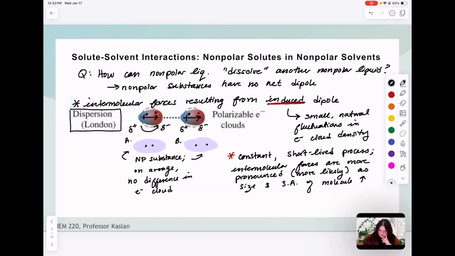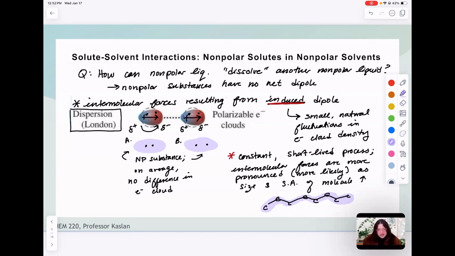But if we're looking at some big, disgusting organic molecule, sorry, Dr. Puenzo, then you can see, like, if I've got carbon here, carbon here, carbon here, and then a bunch of hydrogens to fill in my octets, this is a decently large electron cloud, which means that I can have micro fluctuations in that electron cloud density happening at a bunch of regions in this molecule at once, meaning I'm going to have a lot more little micro stickiness that's going to allow a substance like this to have some kind of charge interaction or charge attraction to another nonpolar substance that also has these little micro stickiness moments happening.